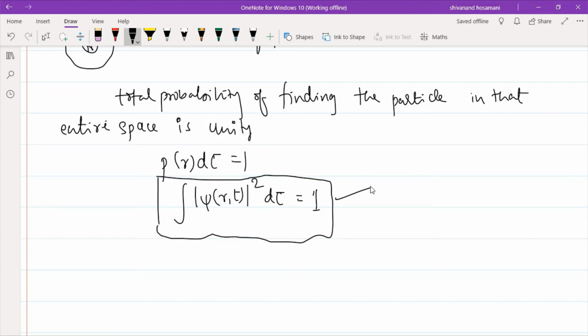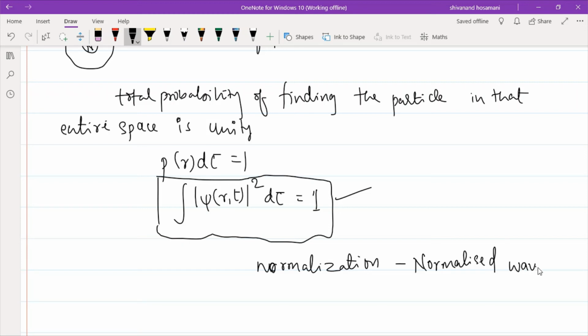This condition of the probability being equal to 1 is called normalization. This wave function is called the normalized wave function.